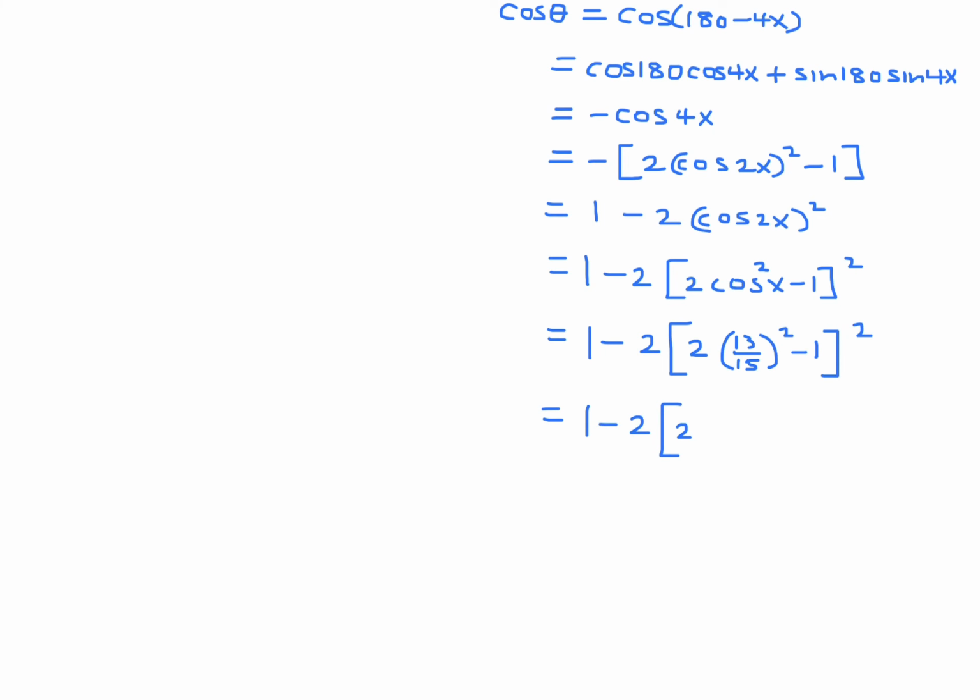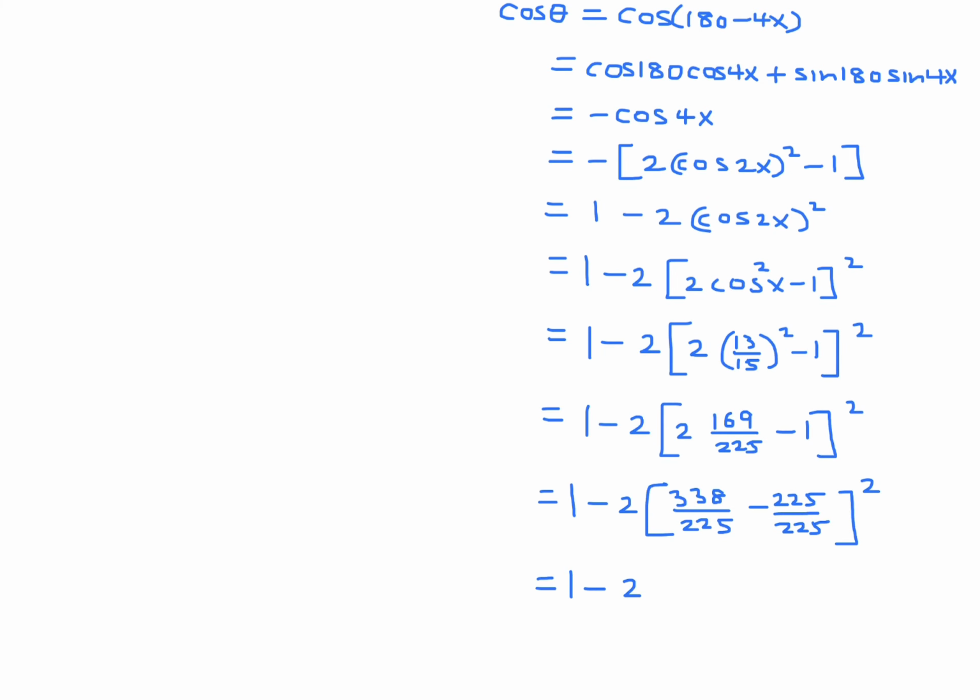So that's going to be 169 over 225, so this is 338 over 225, and then this minus 1, let's just get a common denominator, 225 like that. And this is going to be 1 minus 2 times (113 over 225), and that's all squared.